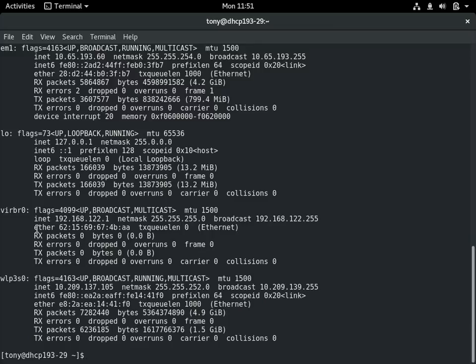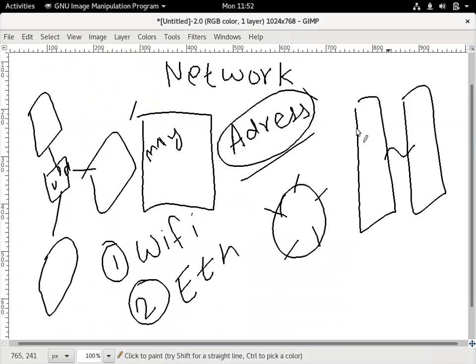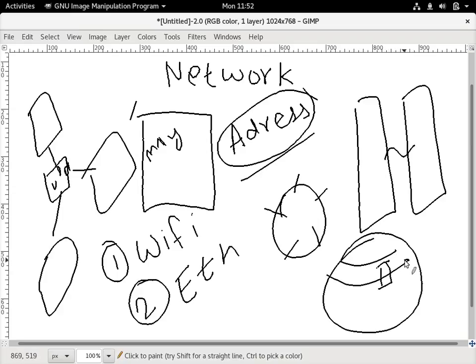IP addresses can also be compared to the geographical coordinates on the earth. If we think about a house or a community on the earth, it will definitely have some coordinates, which are latitudes and longitudes.